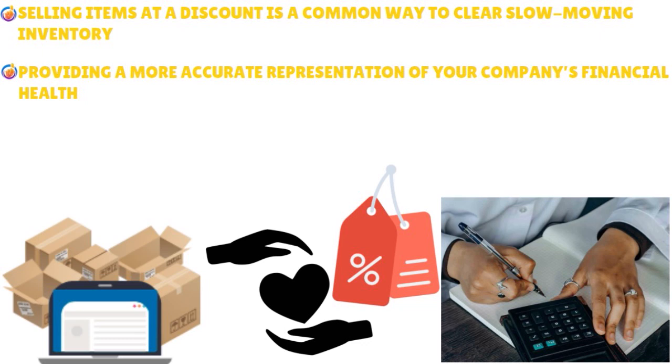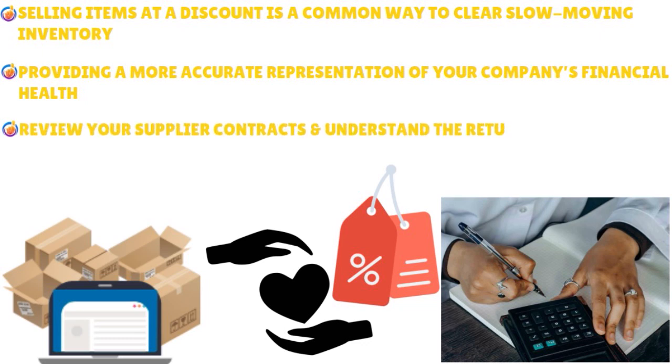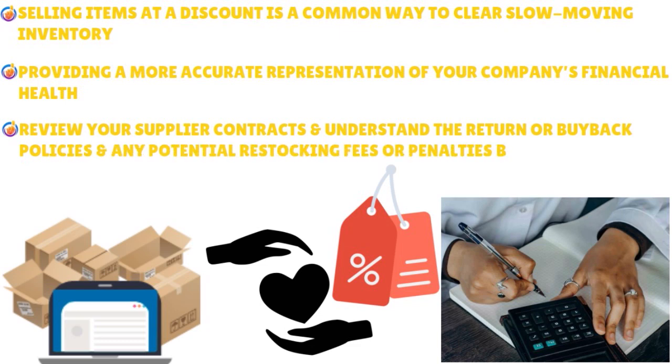You might get maybe 10 cents on the dollar or 30 cents on the dollar, but hey, listen, it's still something, right? And so, you want to review your supplier contracts and understand the return or buyback policies, as well as any potential restocking fees or penalties before making a decision.